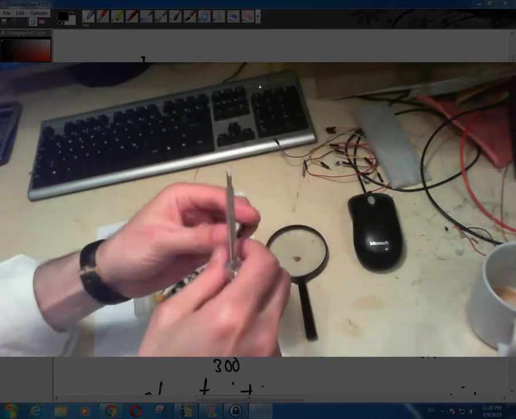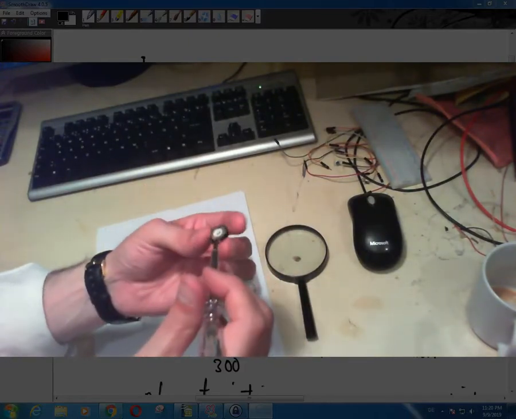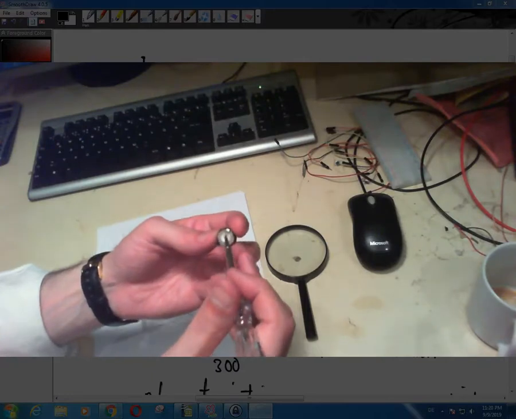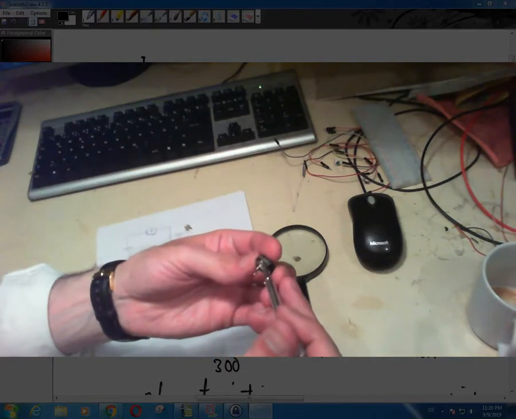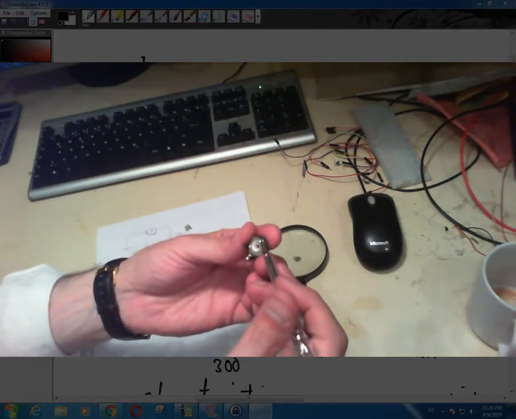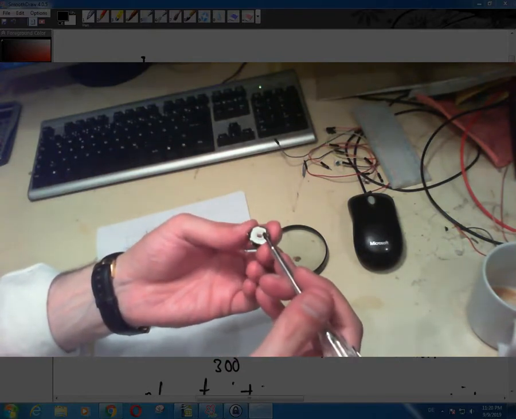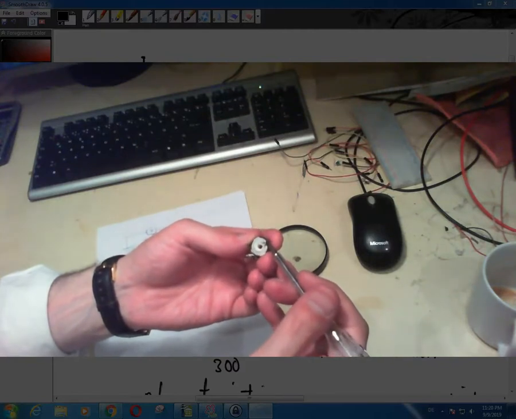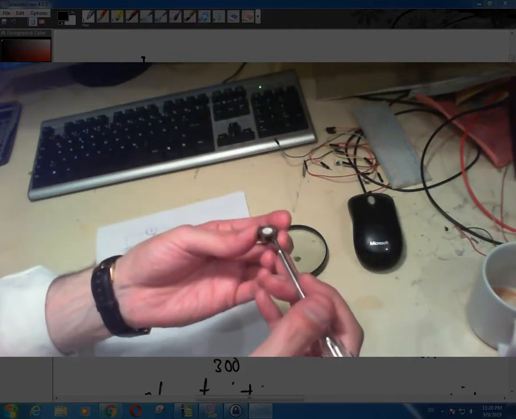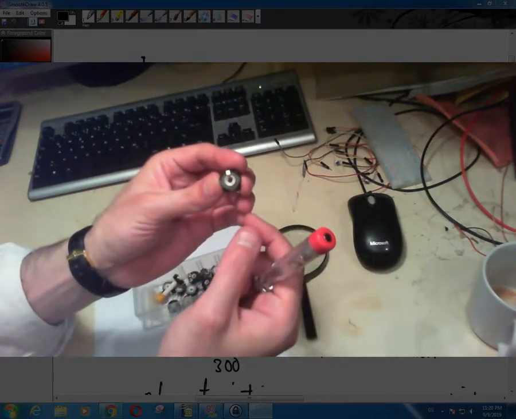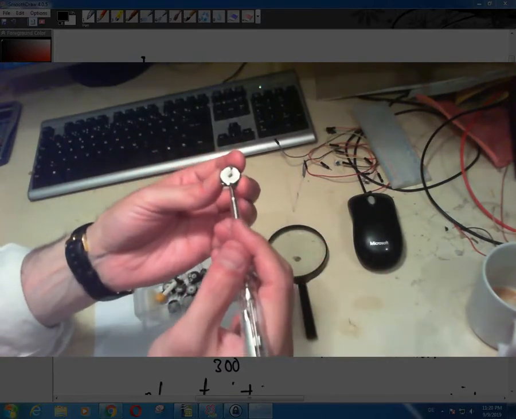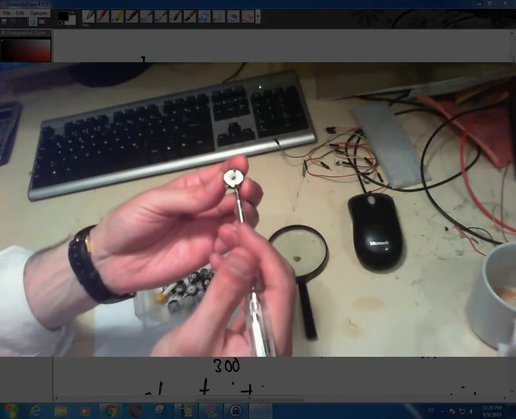What changes is basically, there is this lead over here, which is called the center tap, and there are these two leads over here.